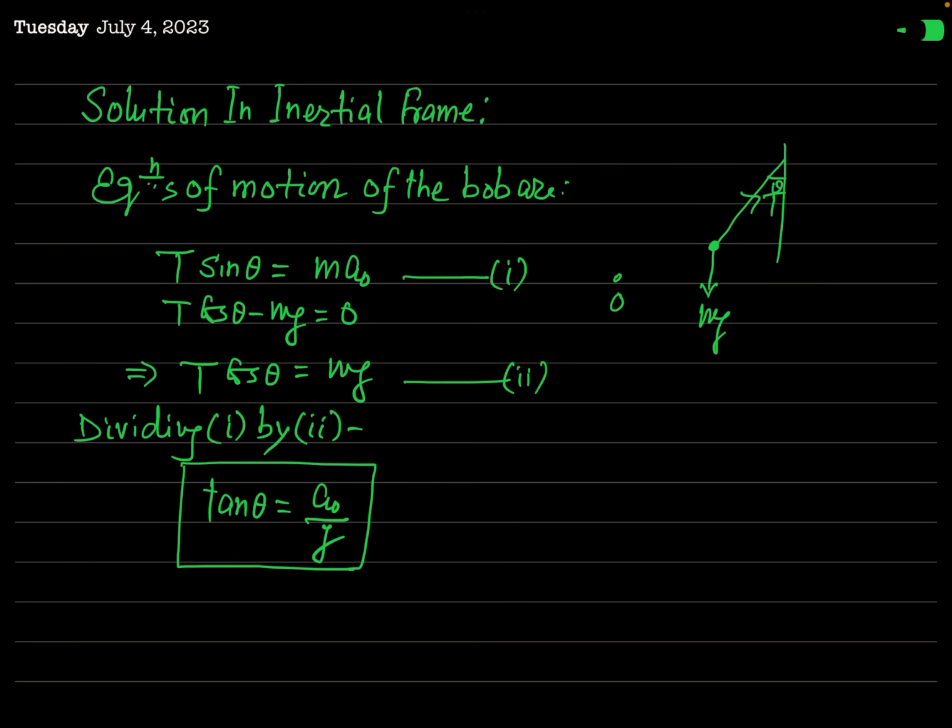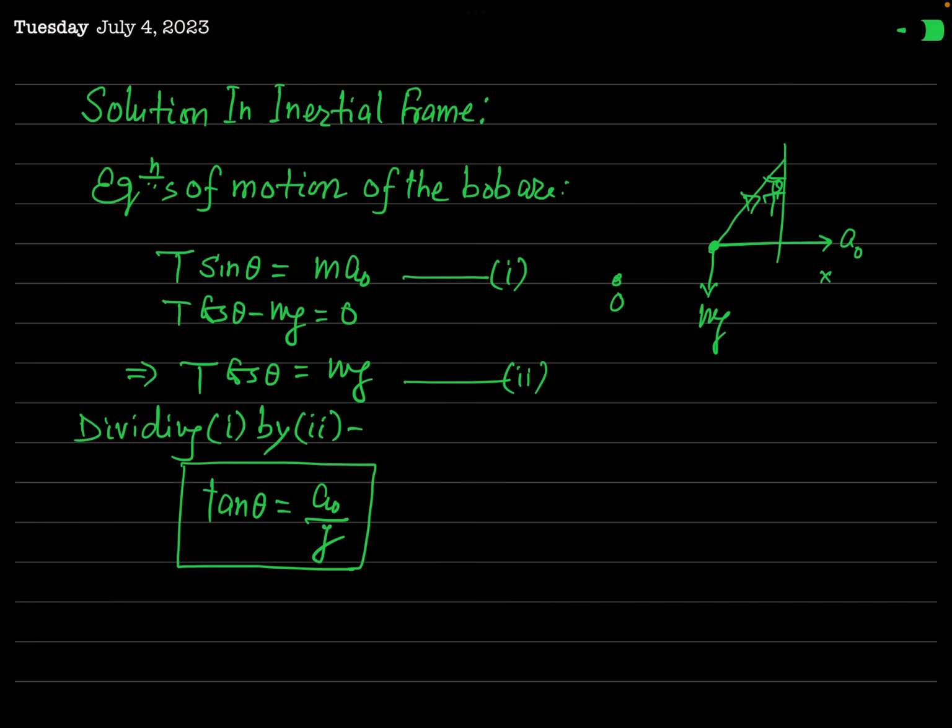With respect to this inertial frame O, only these two forces act on the bob: the tension of the string and the weight of the bob. The bob is in equilibrium, making an angle theta with the vertical. This observer also finds that the acceleration of the bob is equal to the acceleration of the car, which is a naught in the positive x direction. And we have to find this theta. Now let us see.